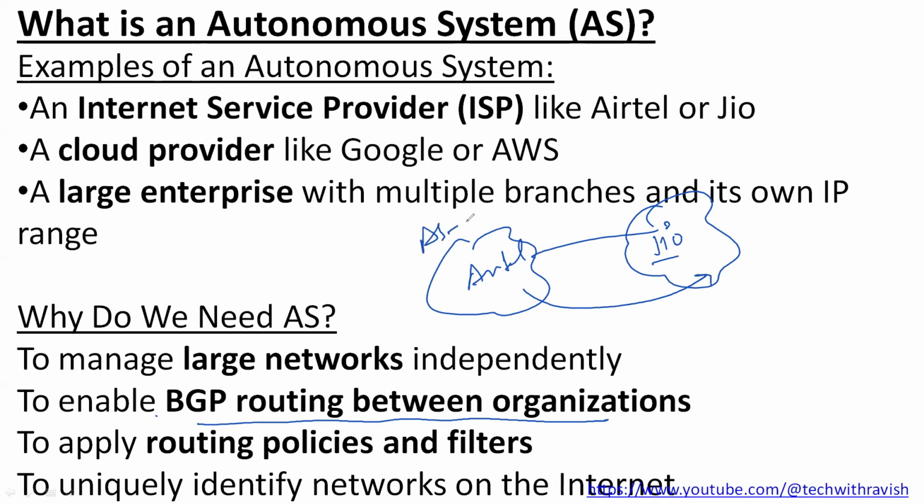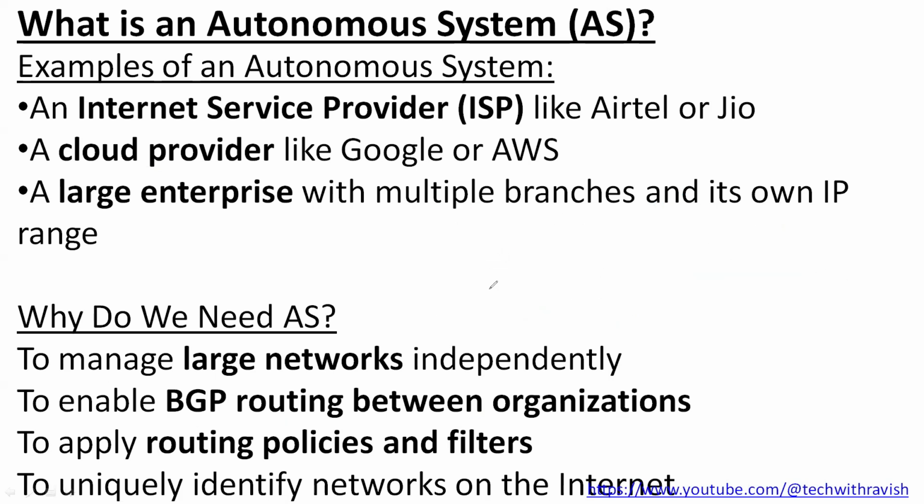One AS will be allotted to Airtel and another AS to Jio, so they can communicate with each other and apply routing policies and filters. To apply routing policies globally, we need to use the autonomous system number to uniquely identify networks over the internet, because all ISPs have their own AS number.